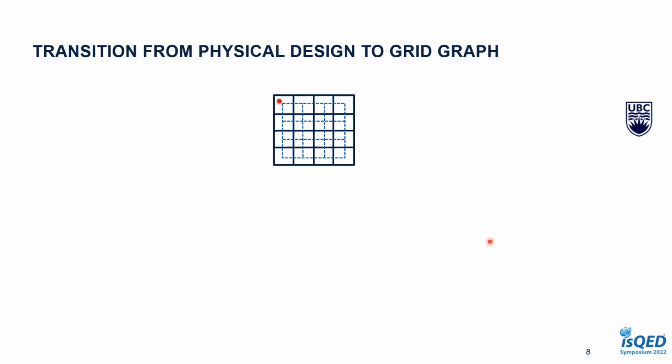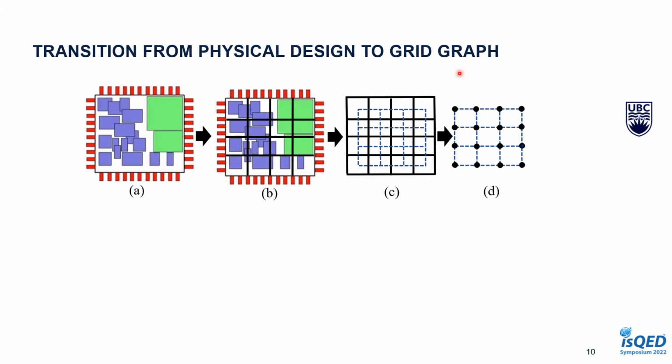And let's say we have a pin in this G-cell, and a pin in this G-cell, and we use a wire to connect these two pins. What's going to happen in the graph is that the pins are on vertices, and the wires are on edges. And this is how we do the mapping on a 2D design.